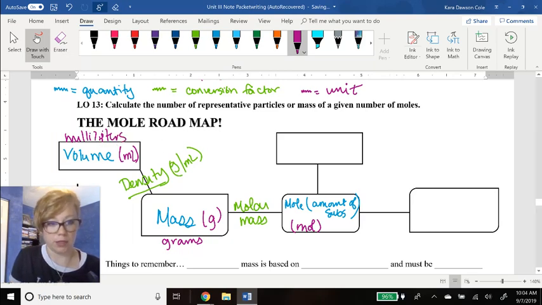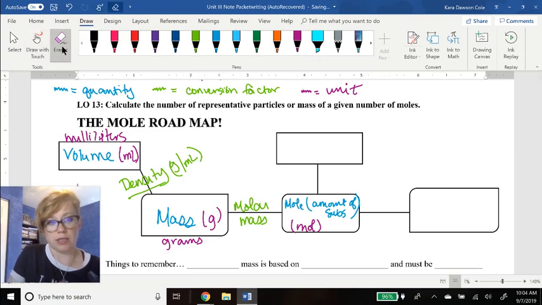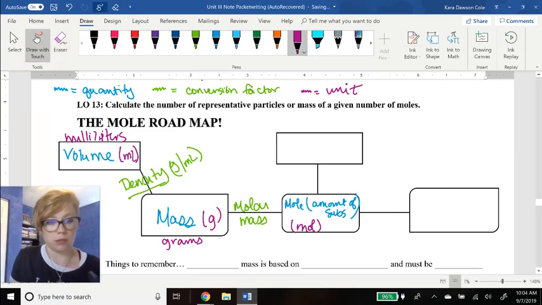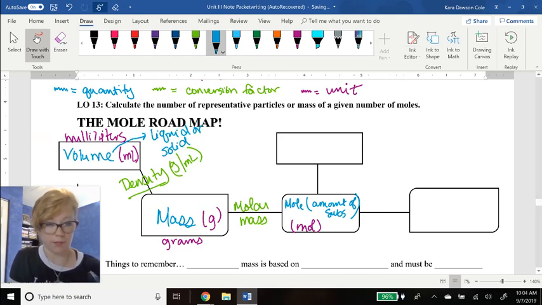Again, it depends on what the unit of density is. So I'm going to go through the density. This is the volume of a liquid or a solid.